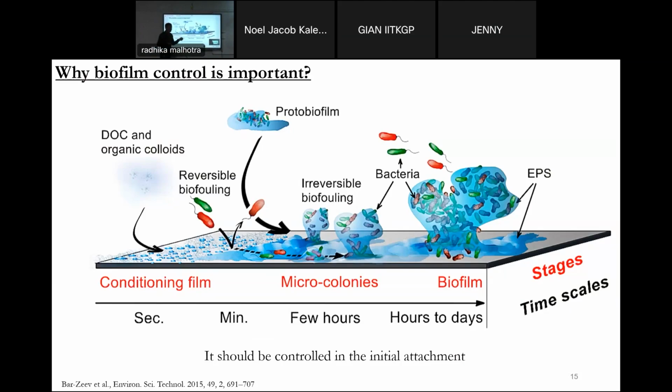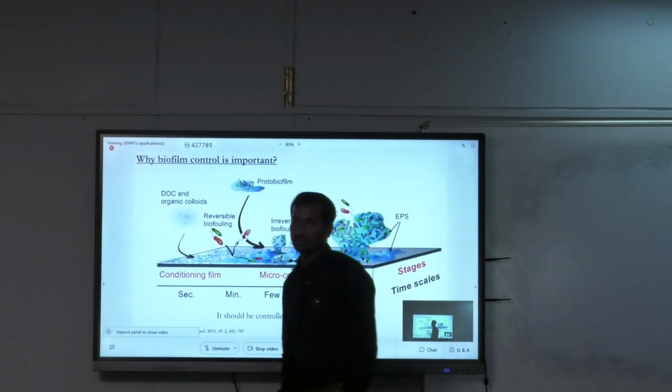This EPS will help to grow further biofilm. Then in hours to days, it can form a thick biofilm. So just one day or half a day is enough to grow a thick biofilm, even if a single colony is attached on the surface.